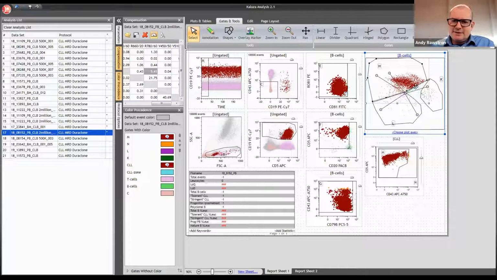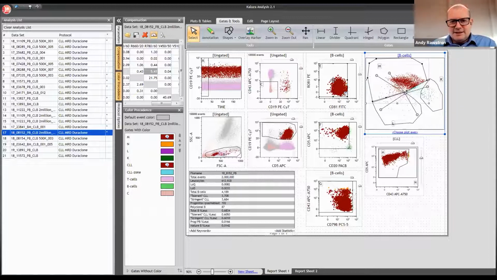Okay, so when you include all of those, it looks like the vast majority of cells there have an atypical phenotype. Very strong CD5, strong 20, weak 43, strong 79B, slightly weaker 81 with a little bit of Roll1 expression.